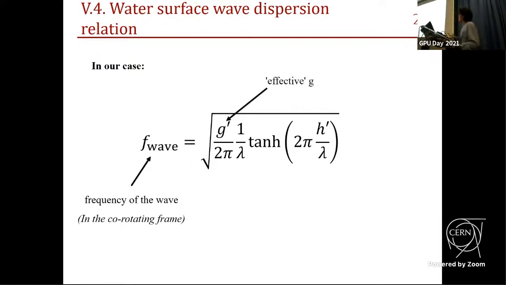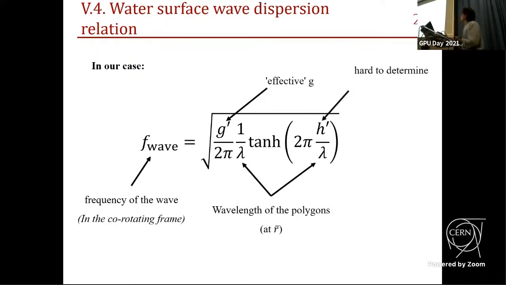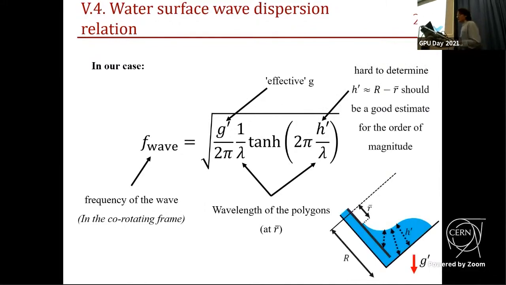Here you have the above-mentioned effective g, the wavelength of the polygons at R mean, and what is the water depth? Well, we can't really say, because it is unclear which water depth we should be looking at. So what we do is give an estimate for the order of magnitude. And we plotted the measured frequencies against the calculated frequencies to see how they line up.